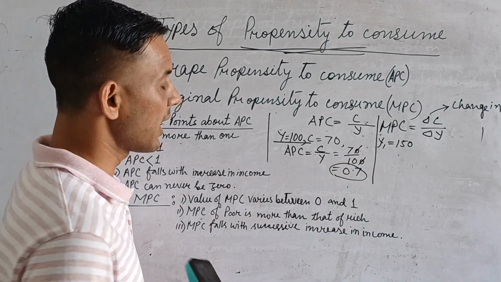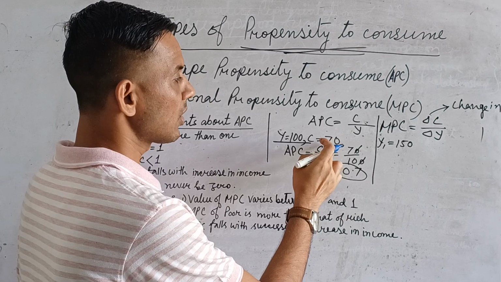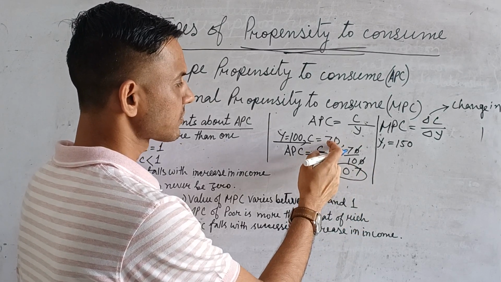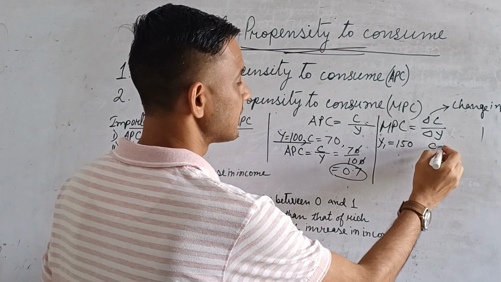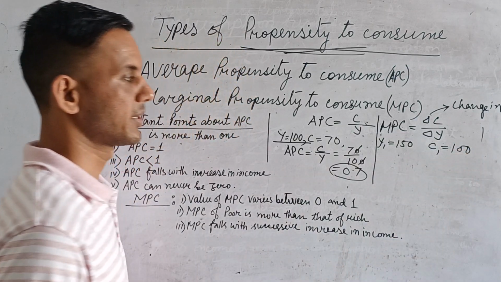Suppose your consumption was 70. Now suppose your new consumption is C1, 100.